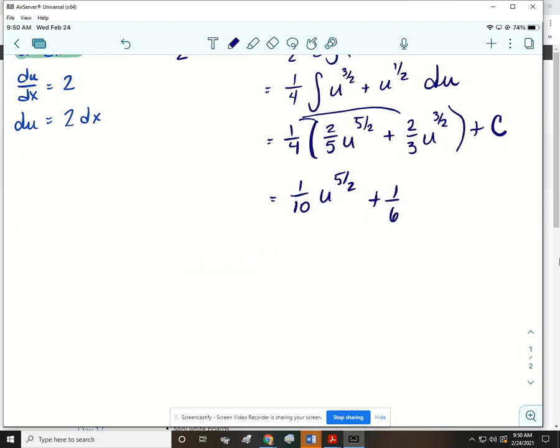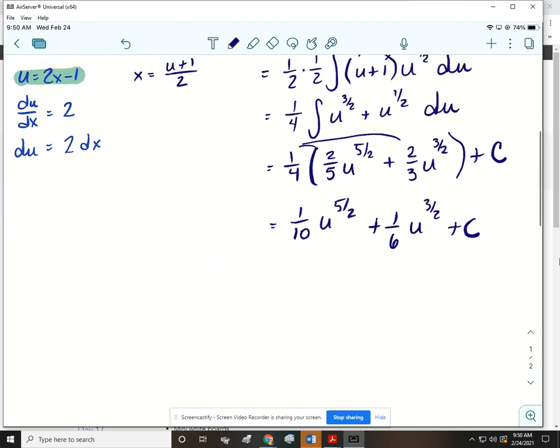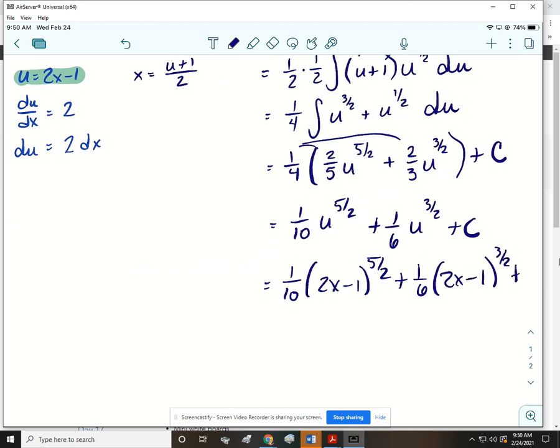I would end up with 1/6. And then because this is an indefinite integral, I do need to do that last step where I change back into x's. And that is it.